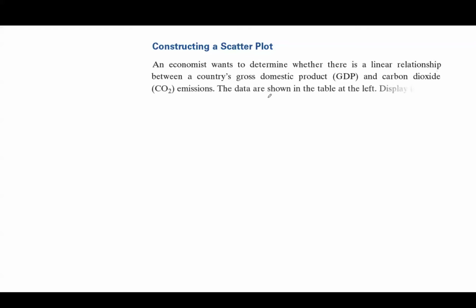They collected some data. The data are shown in the table at the left. This data displays the relationship between two variables x and y, but we want to visualize this by a scatter plot. We want to see if we have any linear correlation between the data.